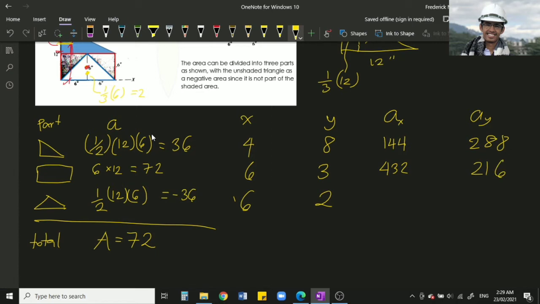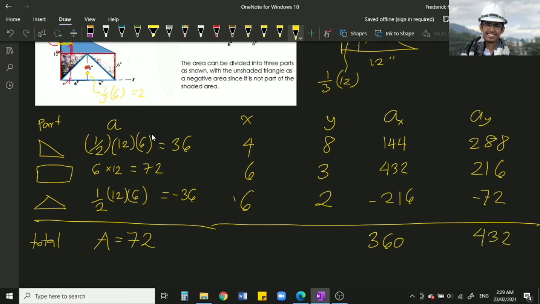And negative 36 times 6, so that will be negative 216. And negative 36 times 2, that will be equal to negative 72. Okay? So, kunin natin yung total niya. So, total AX natin, that will be 360. And for AY, that will be 432.